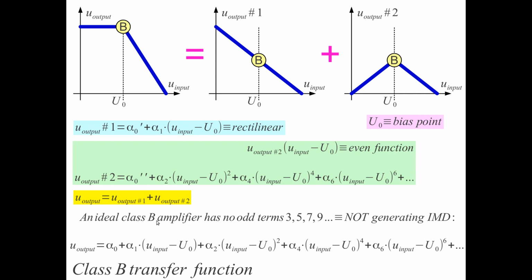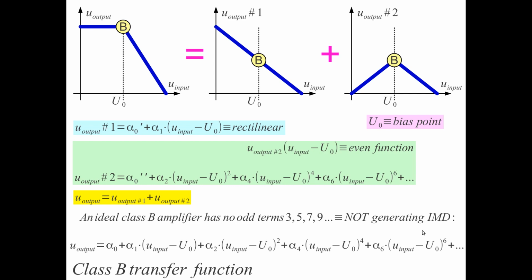An ideal class B amplifier does not have any odd terms like third order, fifth order, seventh order, ninth order. Therefore, in theory, an ideal class B amplifier does generate quite a substantial distortion with these even terms. But all these terms are even, so they do not contain any of the intermodulation distortion products, and that is the trick.